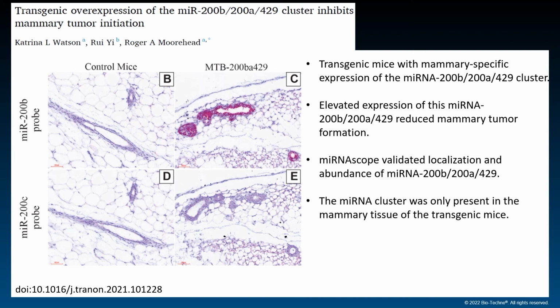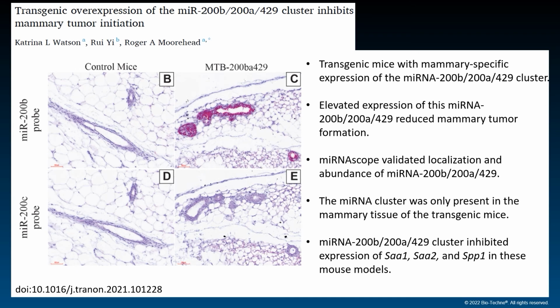The microRNA cluster was only present in the mammary tissue of the transgenic mice. In combination with other methods, the authors showed that overexpression of the miRNA 200B, 200A, 429 cluster inhibited expression of SAA1, SAA2, and SPP1, which are all elevated in mammary tumors.